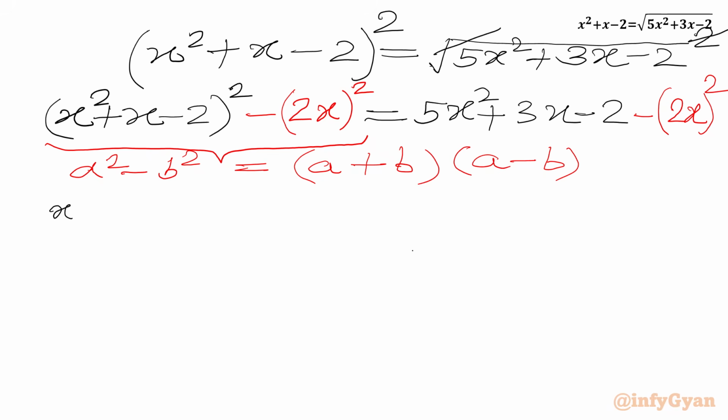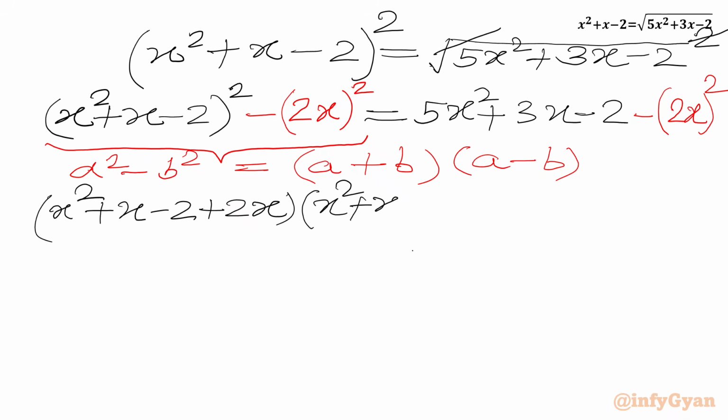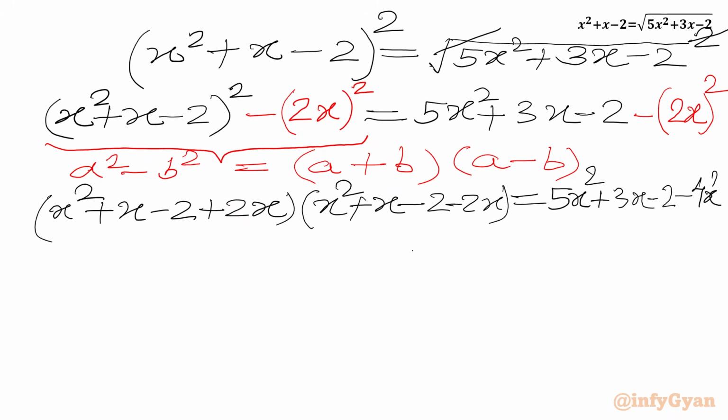So we will get x square plus x minus 2 plus 2x in the first bracket, and in the second bracket we'll write x square plus x minus 2 minus 2x, and in the RHS we'll write 5x square plus 3x minus 2 minus 4x square. So from our first bracket we will get x square plus 3x minus 2.